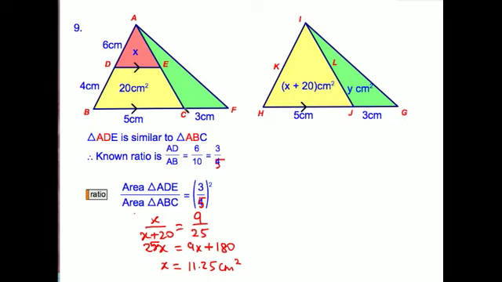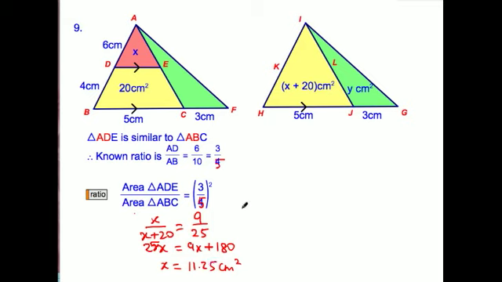In the second case, we have triangles with the same height. For triangles with the same height, the ratio of their areas is simply the ratio of their bases. Since it's not similar triangles, we do not square the ratio of the sides. We have x plus 20.